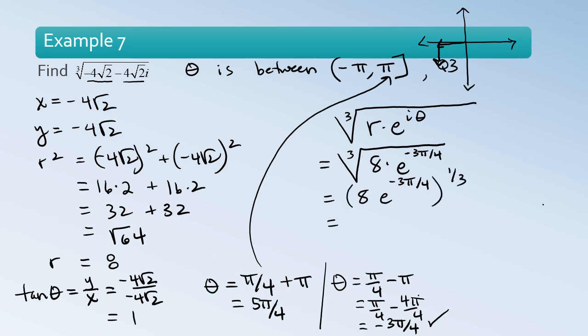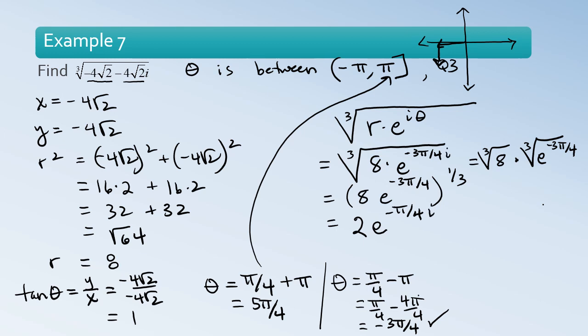In this particular case, I think it might be easier actually to find the cubed root of 8 and then multiply that by the cubed root of e to the negative 3 pi over 4. The cubed root of 8 is 2. That's nice. And then e to the negative 3 pi over 4, the 3's are going to cancel, and I'm left with negative pi over 4 i.